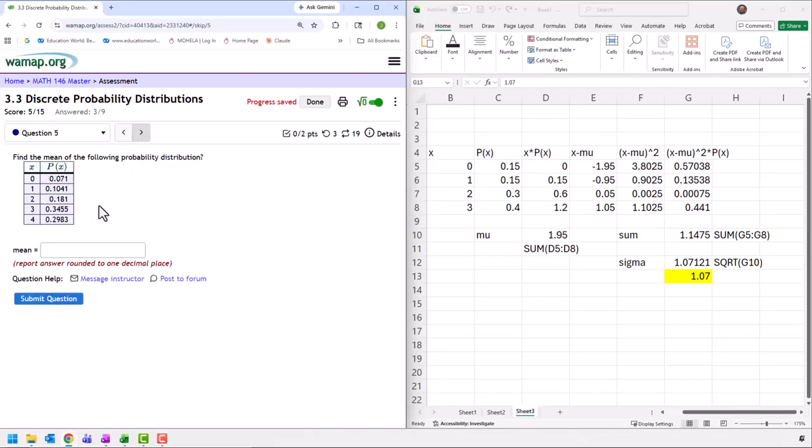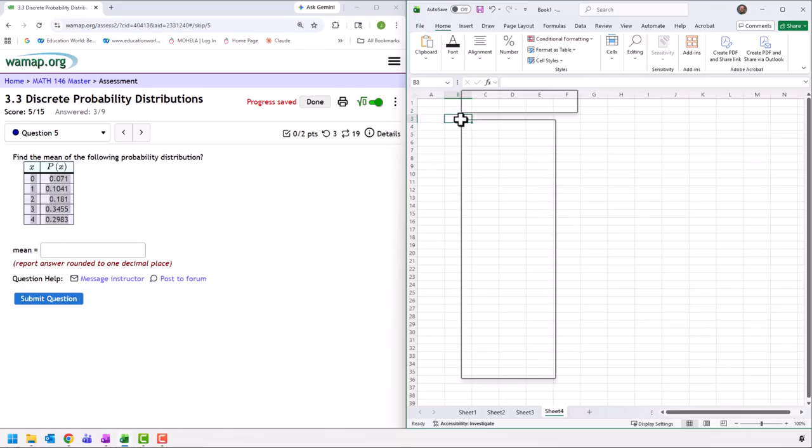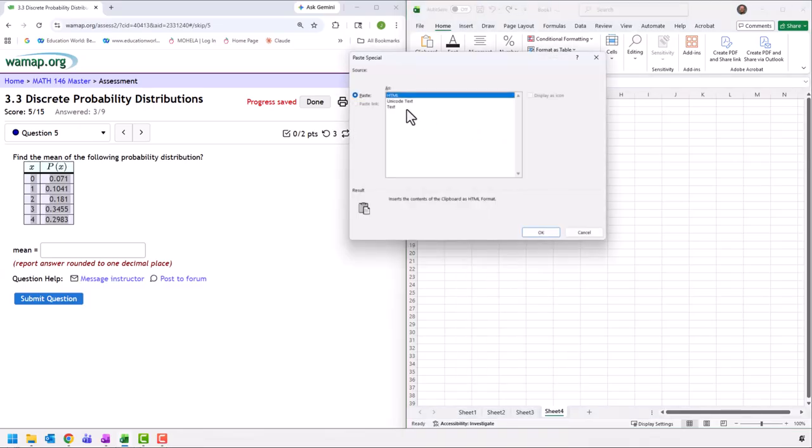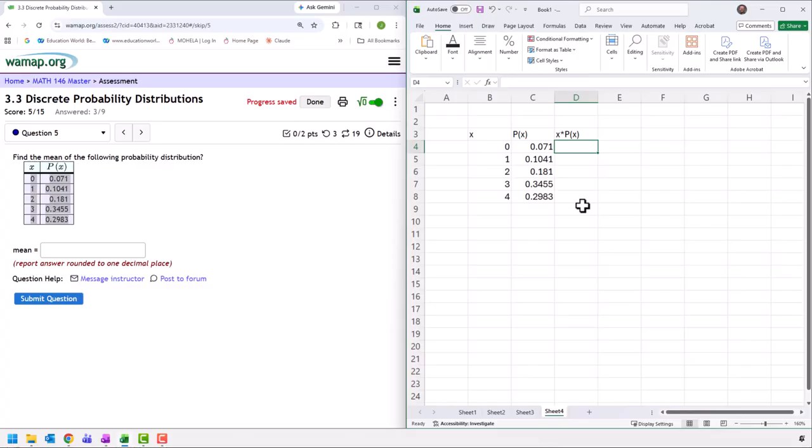Finding a mean here. A mean, again, we got it just a little more complicated. Round your answer to 1 decimal place. We'll try this for redemption here. X and P of X. So X times P of X. I'll zoom in some, a little hard to see there.